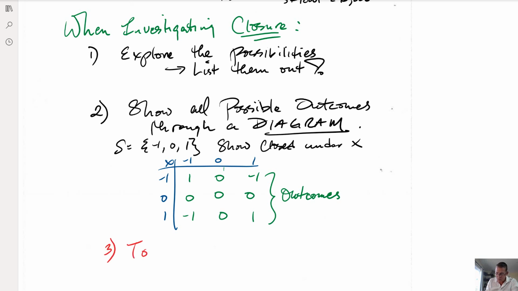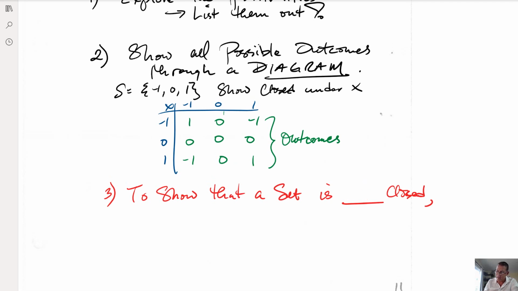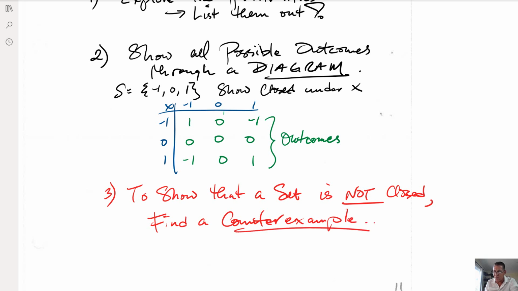To show that a set is not closed, find a counterexample, an example that shows it's false.